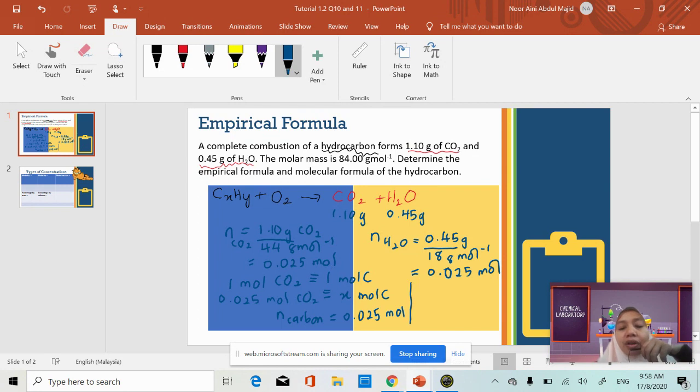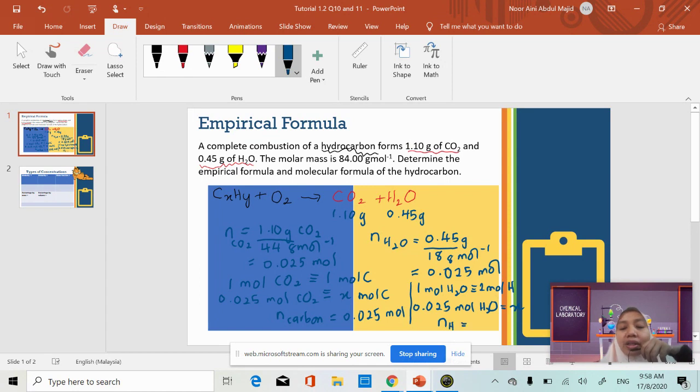Similarly, for hydrogen, 1 mole of H2O contains what's the number of mole of hydrogen? Look at the formula. How many hydrogen? Correct. We have 2 moles of hydrogen. In this case, we have 0.025 mole of H2O. Therefore, what's the number of mole of hydrogen?